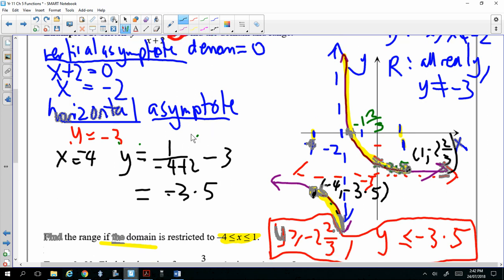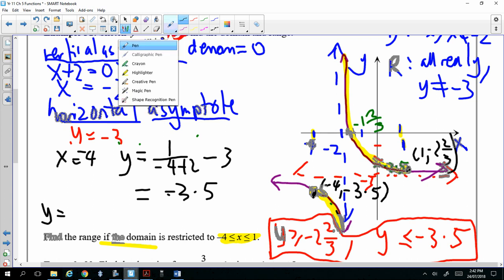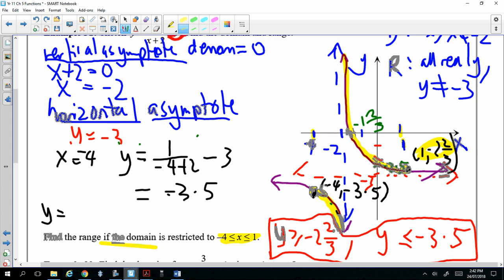So you do y equals 1 over 1 plus 2, minus 3, which is 1/3 minus 3, negative 2 and 2/3. That's how I get this number.